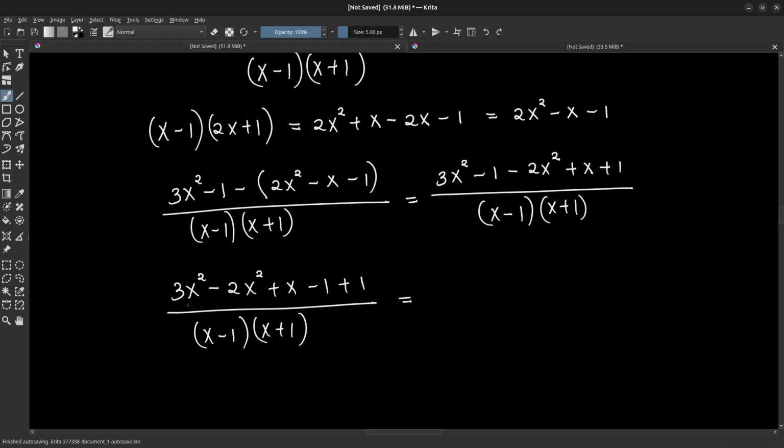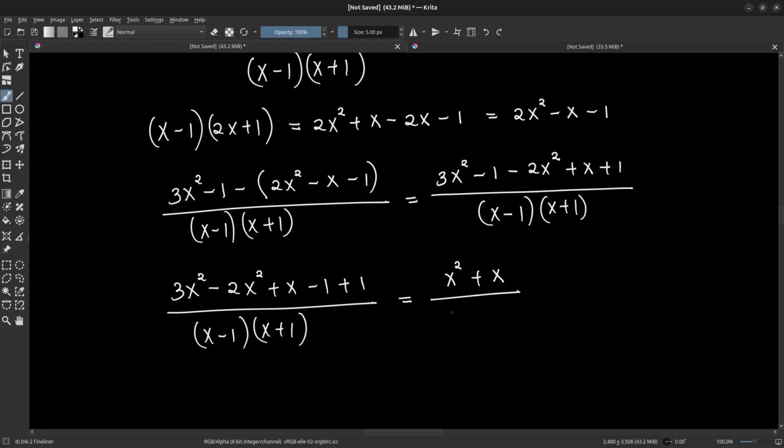So 3x squared minus 2x squared gives you x squared. Then we have the plus x, and minus 1 plus 1 is 0. So that's all we have on the numerator.